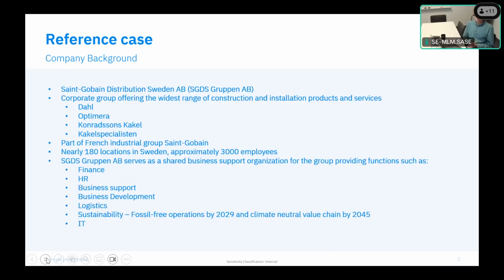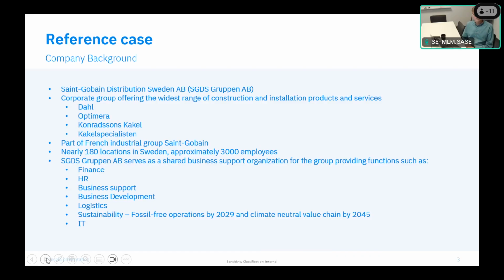So the background. The customer in Sweden, Saint-Gobain Distribution Sweden AB, or SGDS in short. It's part of the large French industrial group Saint-Gobain, as you can tell from the name. In Sweden, they have a large operation in construction and installation where they provide products and services under a number of different brands, as you can see here on the slide.